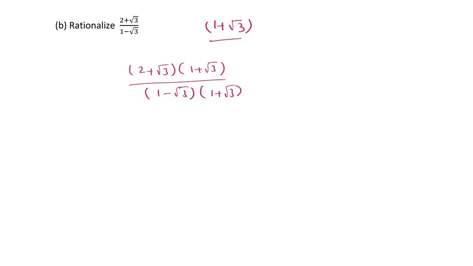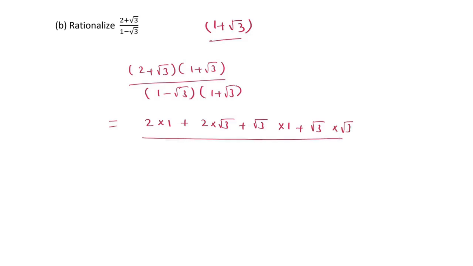Okay, so next we are going to expand our expression. For the numerator, we are just going to multiply the expression, and for the denominator, we are going to use the difference of two squares concept. So our equation is going to be 2 times 1 plus 2 times root 3 plus root 3 times 1 plus root 3 times root 3 over 1 squared minus root 3 squared.